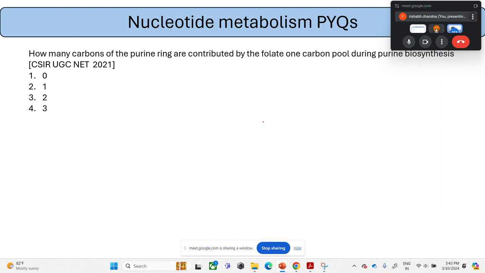I'll draw it once and then we'll see. I'm not involving the double bonds for now, for simplicity, but this is the basic structure of the purine ring.